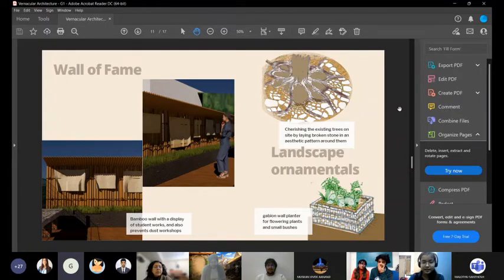And there's a tree near the library pergola where we could make patterns with stone, which would look very attractive. And like Krati had already mentioned, these Gabion wall planters could be placed anywhere.